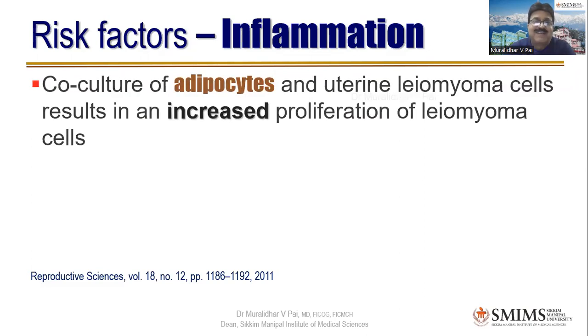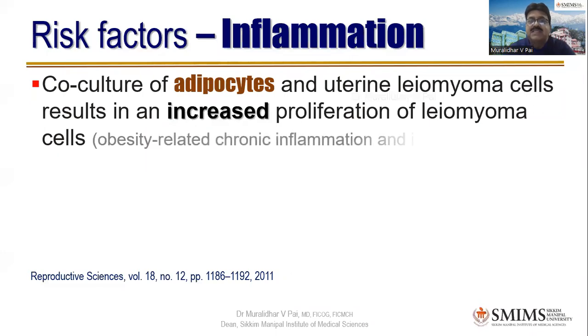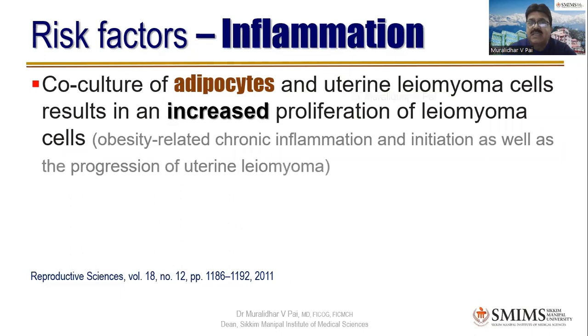That is a joke. So co-culture of adipocytes and uterine leiomyoma cells results in an increased proliferation of leiomyoma cells. See that, the effect of inflammation. Obesity-related chronic inflammation is involved in the initiation as well as the progression of uterine leiomyoma. Obesity somehow is not good at all. We all know that.